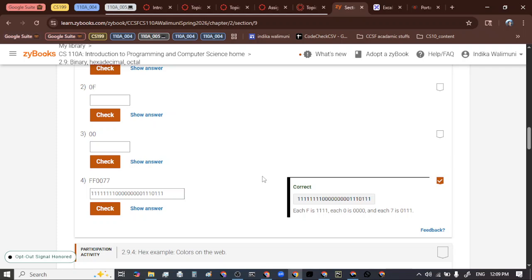Oh, it's a fatal error. See that? Maybe it's your iPhone blocking it. Okay, you can read what is happening.